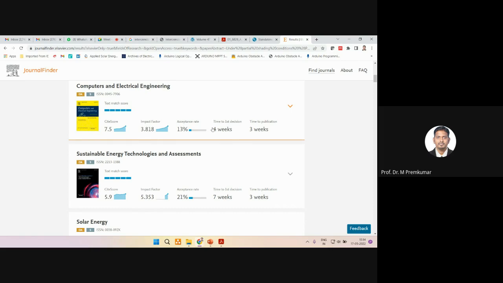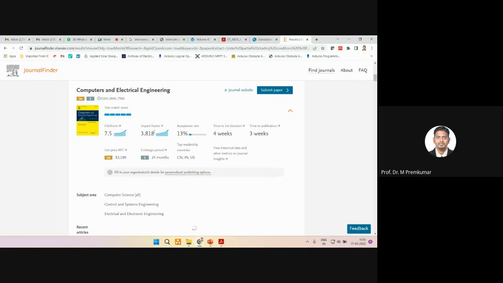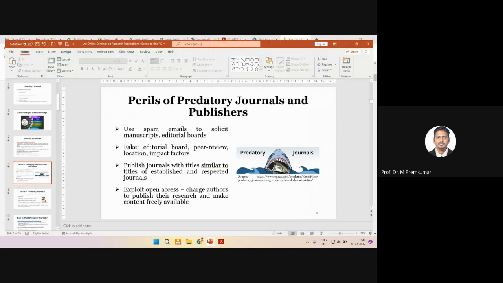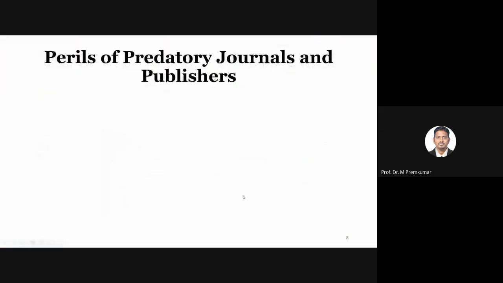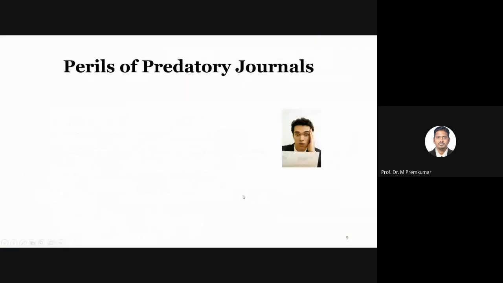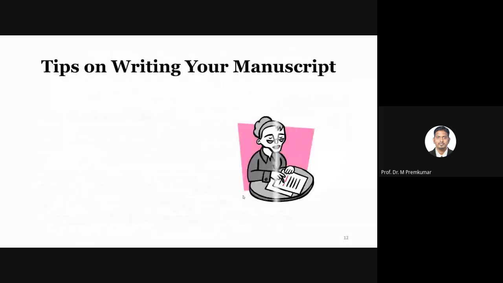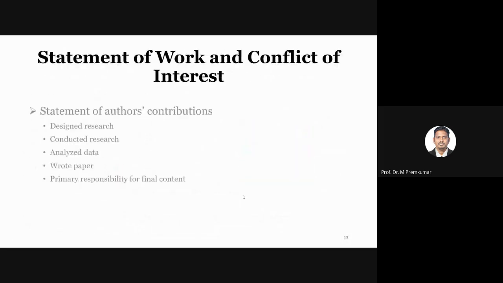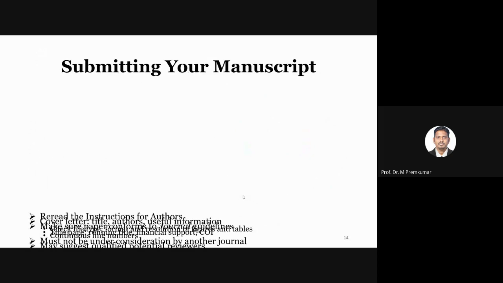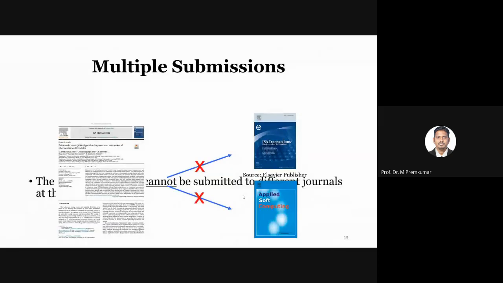Suppose this journal is perfect for your need, just click it, go to submit paper and submit your paper. This is one simple way to find the proper journal. For all the quality publishers, they have recommended some kind of links, and through that link you can find the proper journal for your particular work.